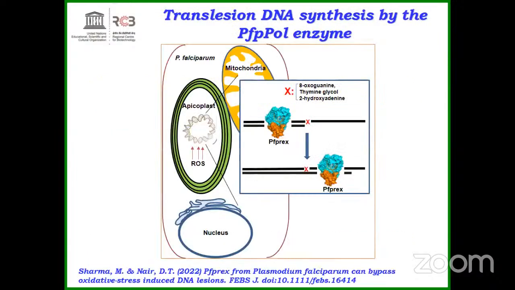And recently Meenakshi has shown that the PfP-Pol enzyme, which is the polymerase module of the PfPrex enzyme, the apicoplast genome duplicating enzyme in Plasmodium, in spite of being an A family polymerase, which are generally high fidelity enzymes, has the capacity to carry out translesion DNA synthesis.